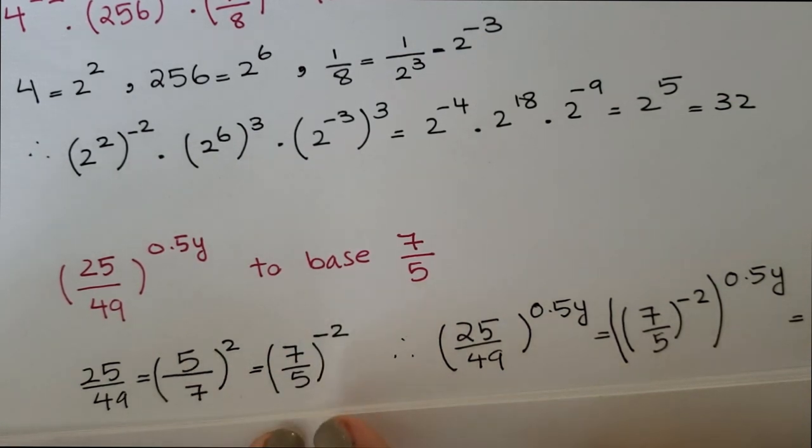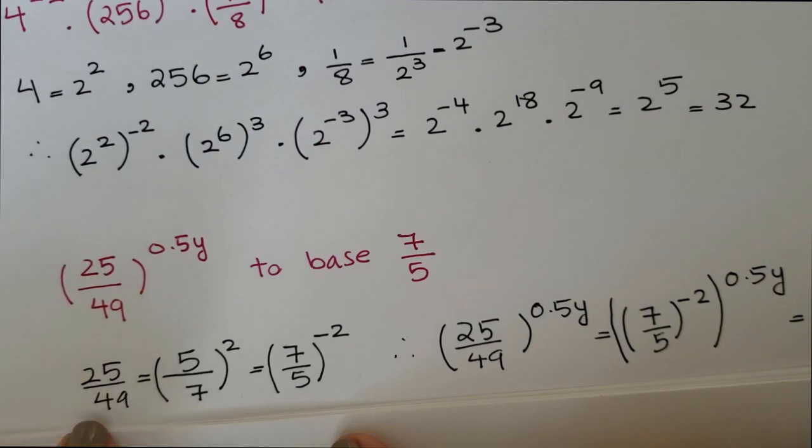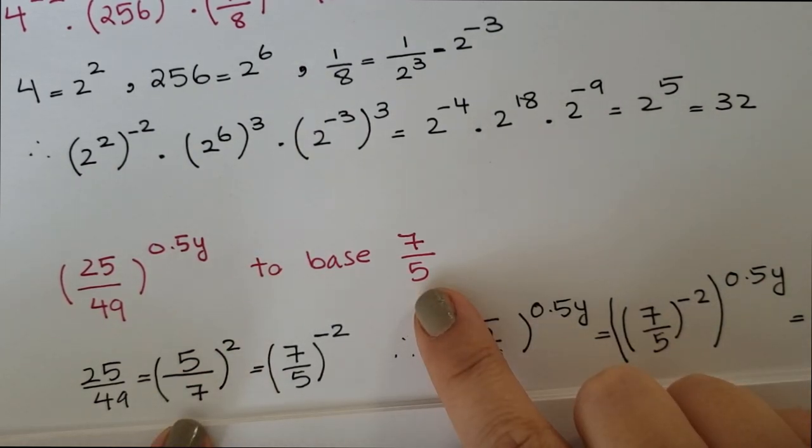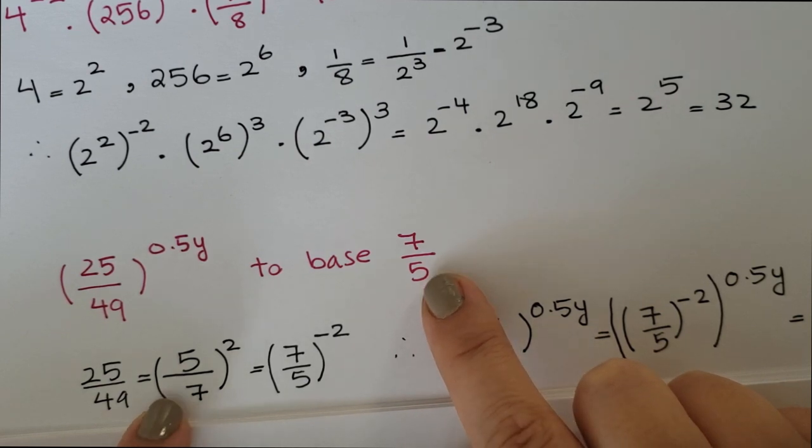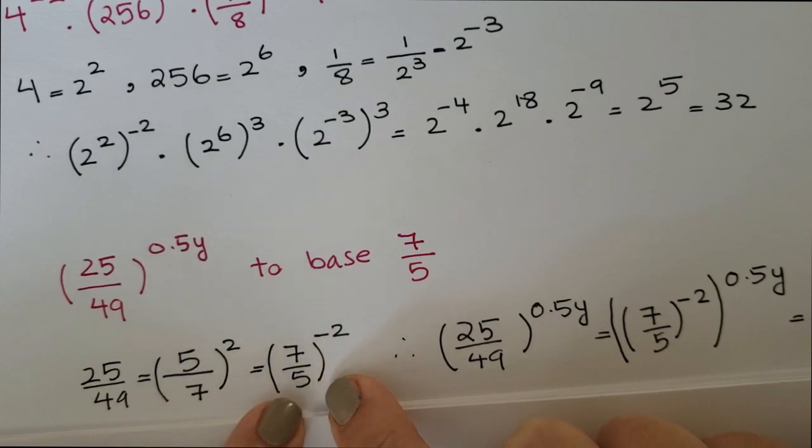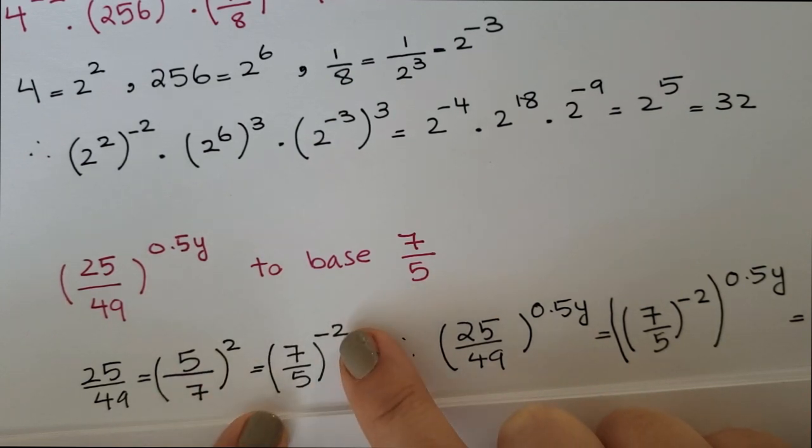Okay, so once more. 25 over 49, I can write it as 5 over 7 to the power 2. But if you look closely, they want a different base, which is actually the reciprocal of this base. So what I can do, I can flip the base and I change the exponent to negative.